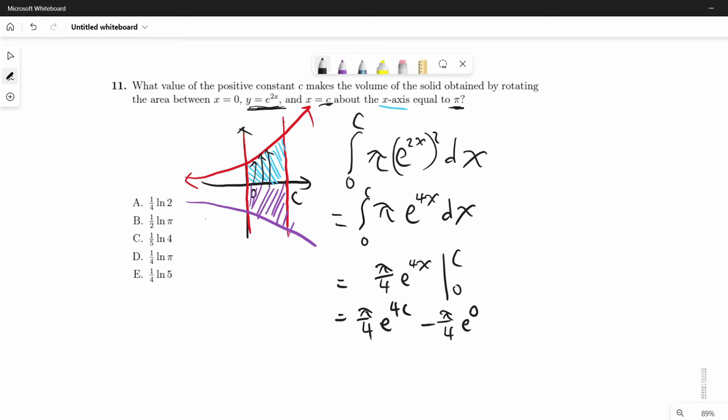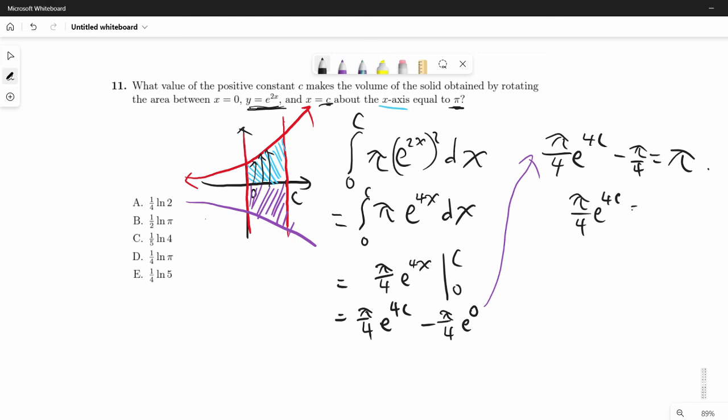So we can say that pi over 4 e to the 4c minus pi over 4 times 1, which is pi over 4, equals pi. So add pi over 4 to both sides. We have pi over 4 e to the 4c equal to 5 pi over 4, times 4 and divided by pi on both sides.